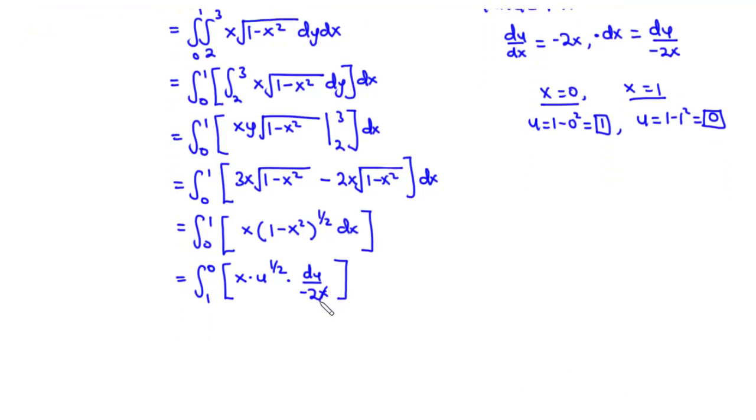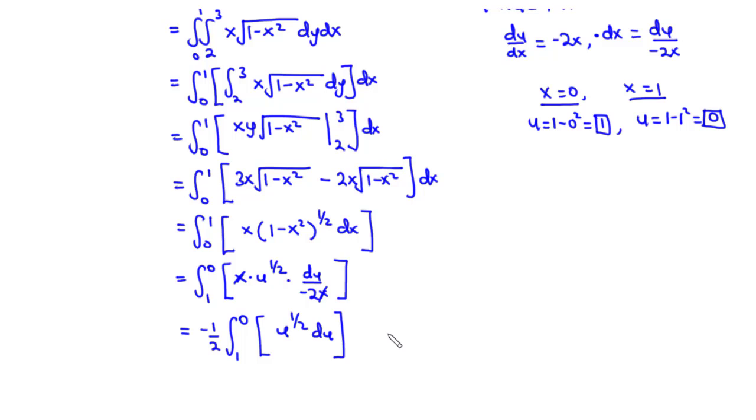So x cancels out x, and we have a constant negative 1 over 2, so we pull out that constant negative 1 over 2. We have the integral from 1 to 0 of the function u to the power 1 over 2 du.